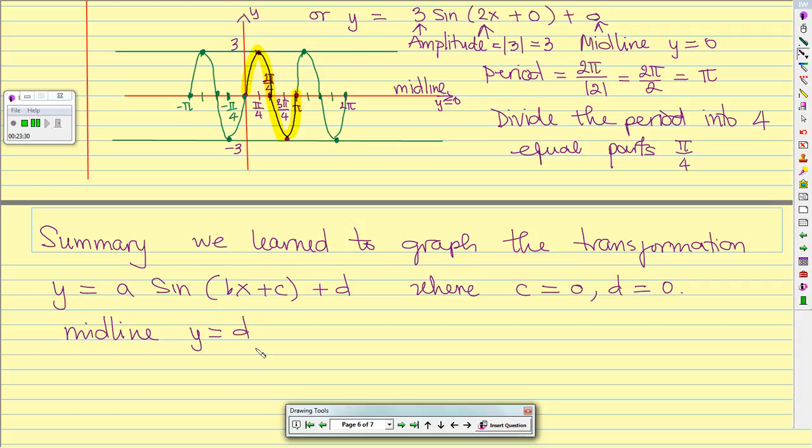And we learned that the midline is y equals d. The amplitude is the absolute value of a. The period is 2 pi divided by the absolute value of b.